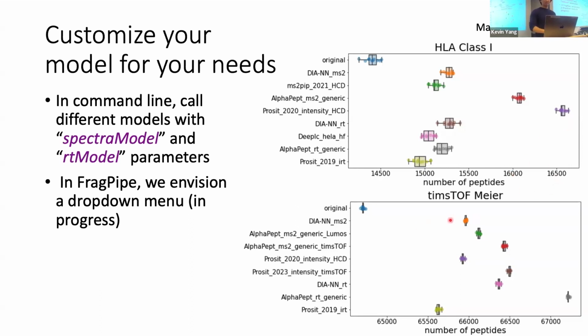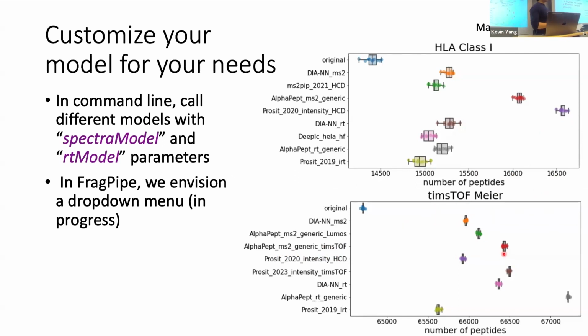There's also this timsTOF instrument right here, where before I've been talking about Thermo Fisher instruments, but this is a different instrument from Bruker. And again, you see here that Diane is predicting a certain amount, but then by using a more optimal model like AlphaPept that was trained on timsTOF data specifically, again, you see an increase in peptide IDs. So already those are 2 good use cases for why you want to swap in different models.